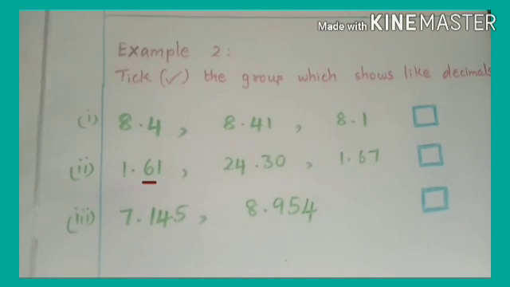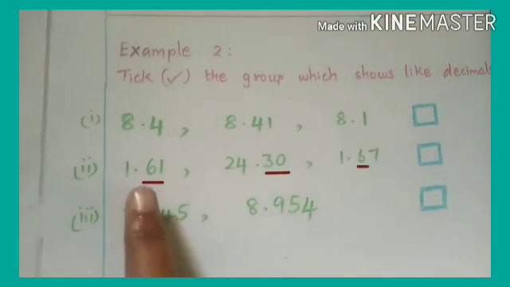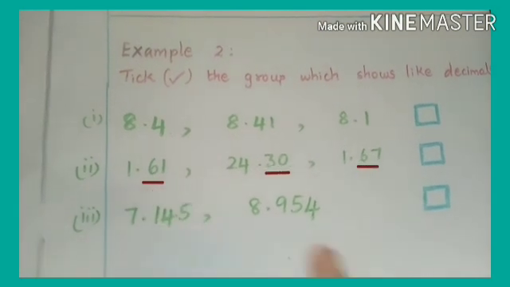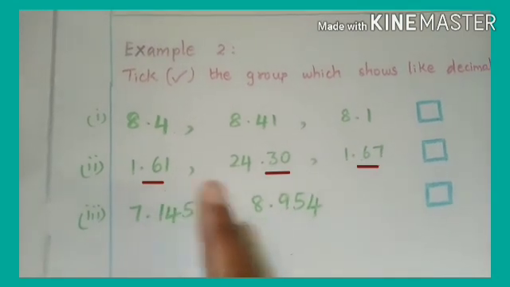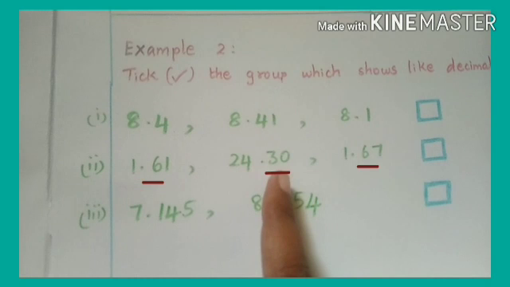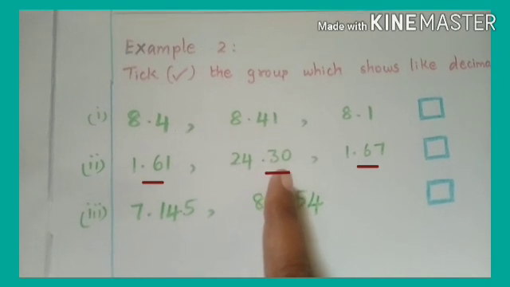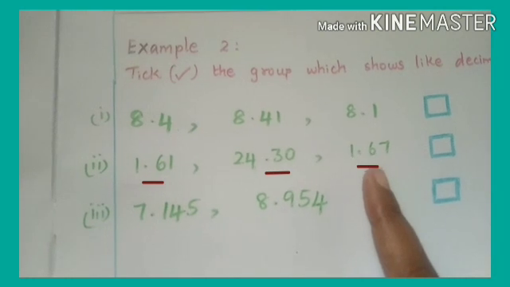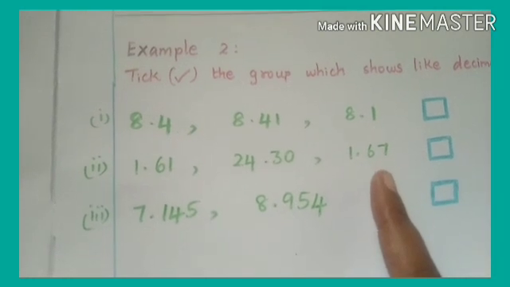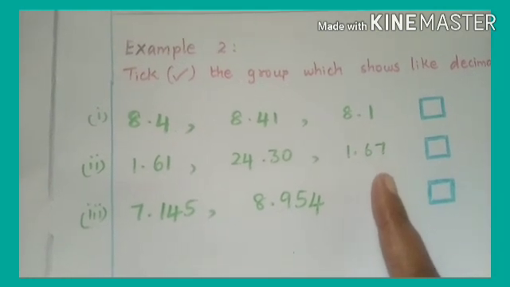In the second group, there are 2 decimal places in 1 and 61 hundredths, 2 decimal places in 24 and 30 hundredths, and 2 decimal places in 1 and 67 hundredths. In this group, number of decimal places are same. It is said to be like decimals.